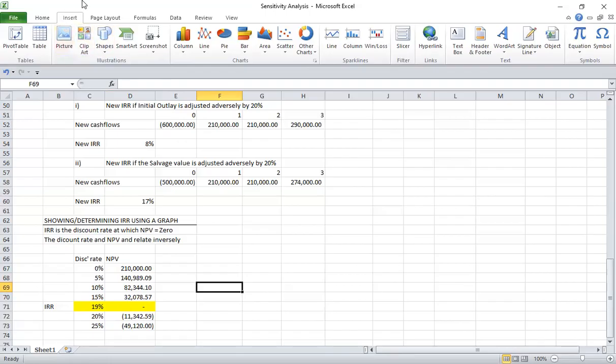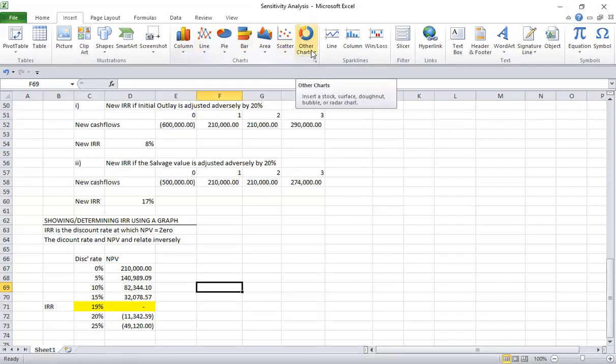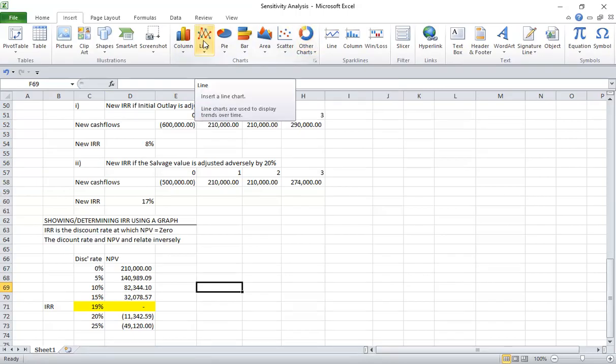When you click insert, you are taken to where you have so many options. One of the options, in the middle, is the charts. A graph is the same as a chart. There are several types of charts: the column chart, the line chart, the pie chart, the bar chart, the scatter chart, and others. So I'm saying that let's go for the line chart.